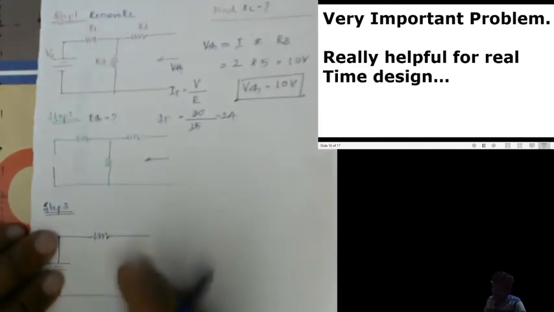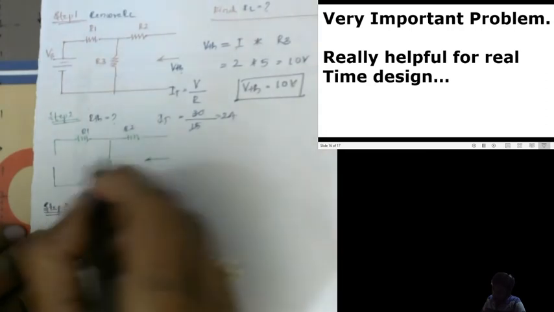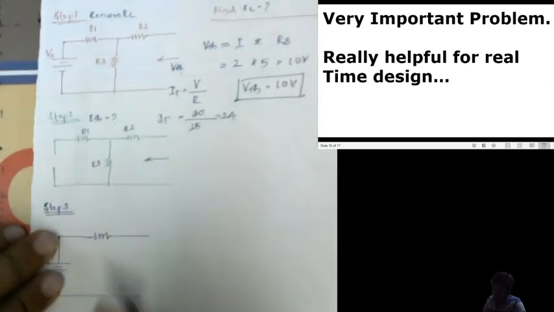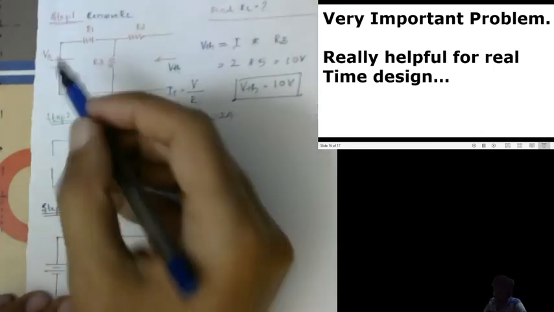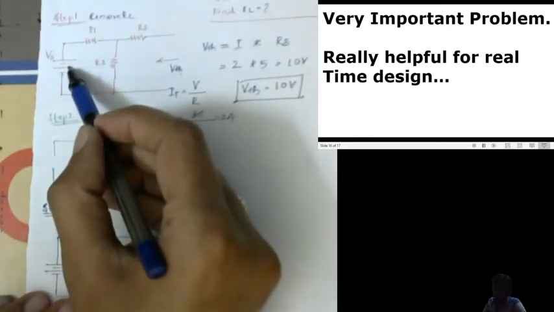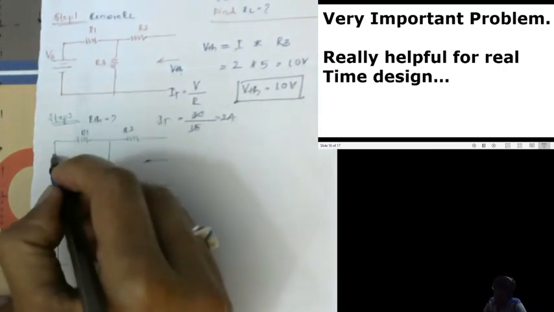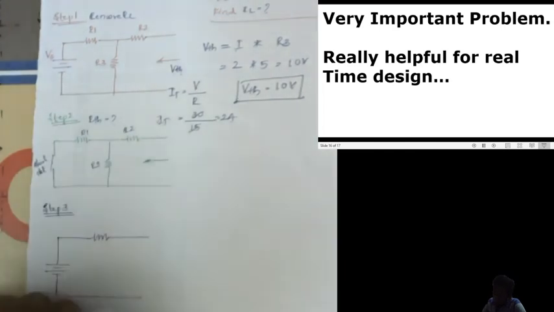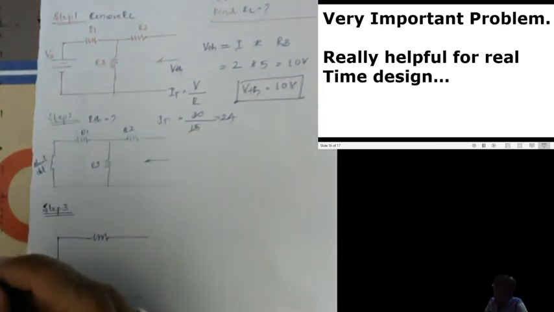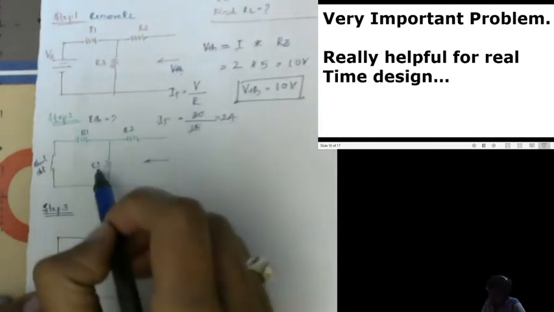In this case, the resistor values are R1, R2, R3. The voltage independent source can be replaced with a short circuit. Then the resistors R1 and R3 are in parallel.